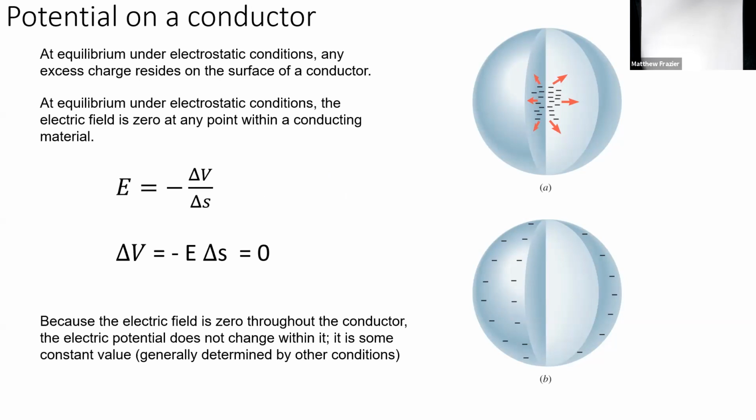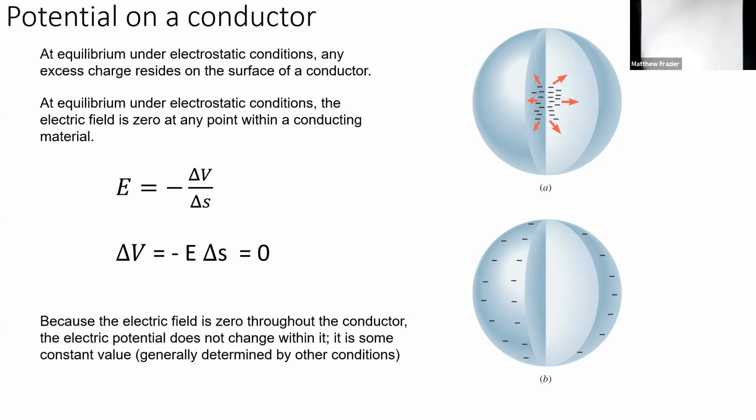All the charge feels a force from each other. They're all repelling and they're all in something that's easy to move, so they all move. Eventually, they come to rest at the surface, and in the interior of the conductor, there's no electric field. And that's true throughout the conductor, right? The electric field starts at the surface because that's where the charge is, and it doesn't go inside, it goes outwards.